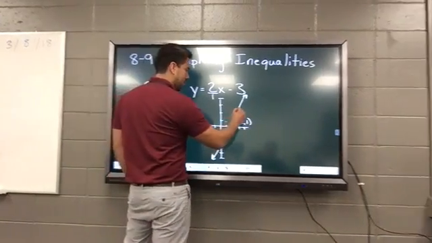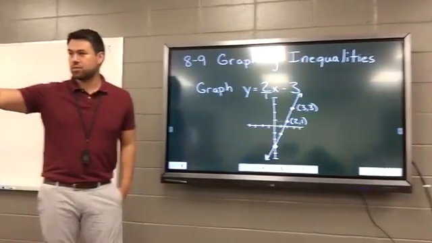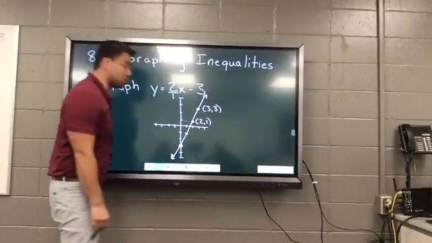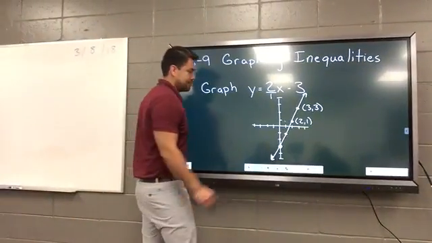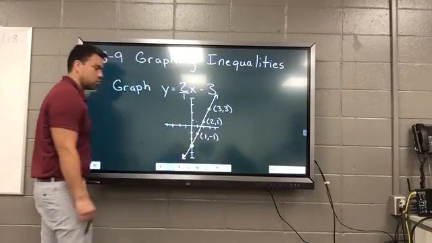Okay, this point right here, 3, 3. Sydney and her section will choose 3, 3. And Braden, what other point could you use? 1, negative 1. Braden and his group will use 1 and negative 1.